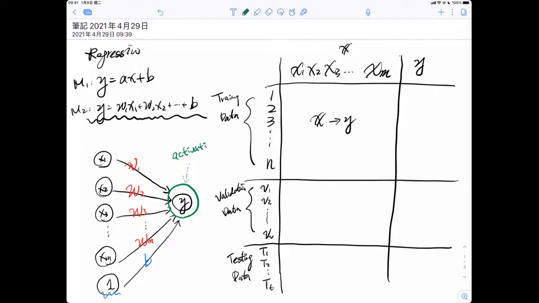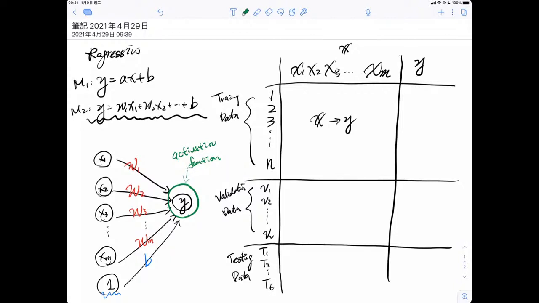That means after y receives the information from the previous x, processes it using the weights, and does the summation, then before y outputs the value to maybe the next neuron, an activation function should be applied to the output value.